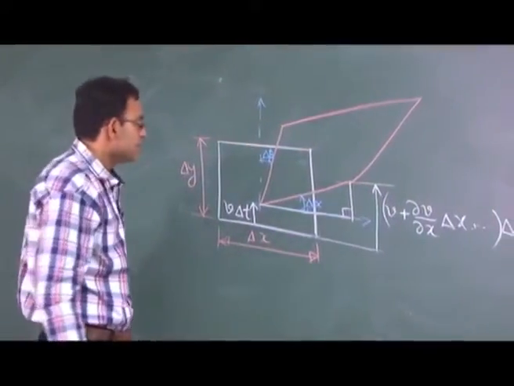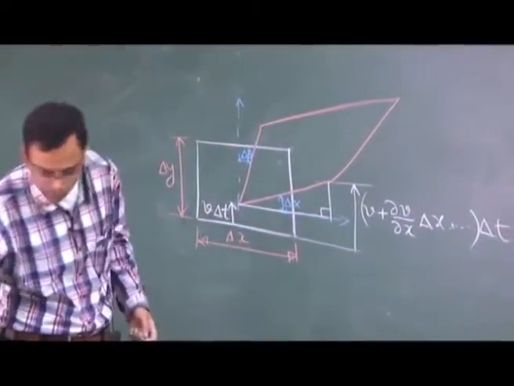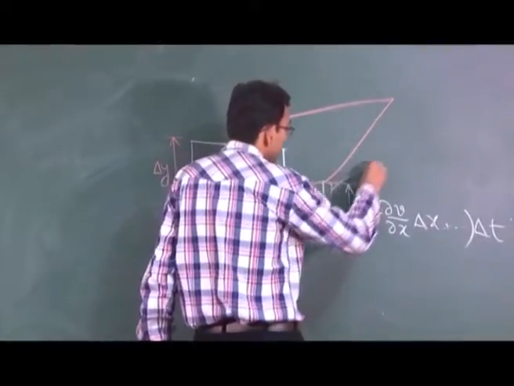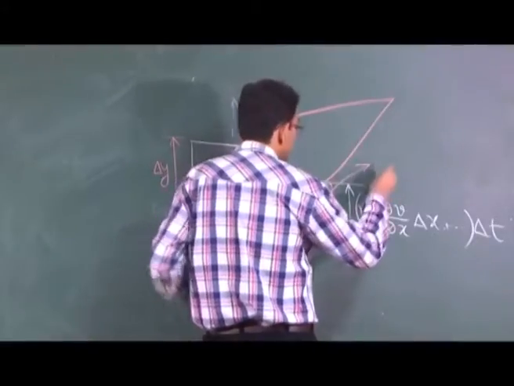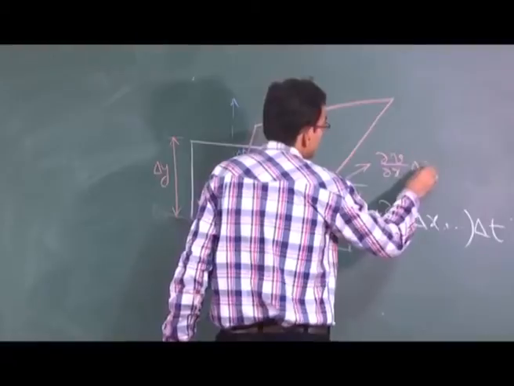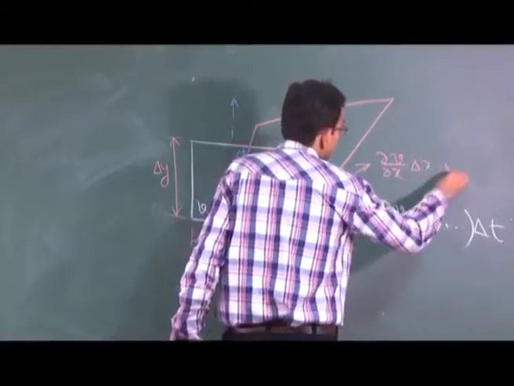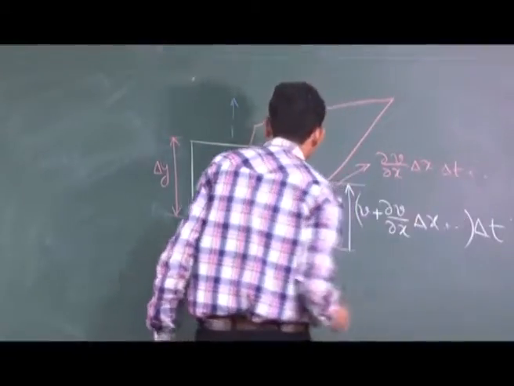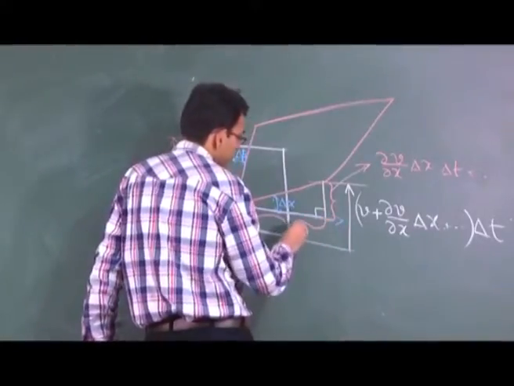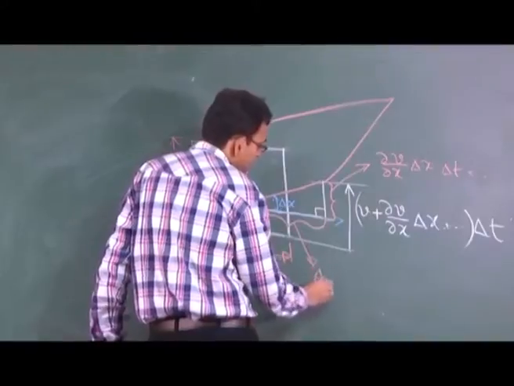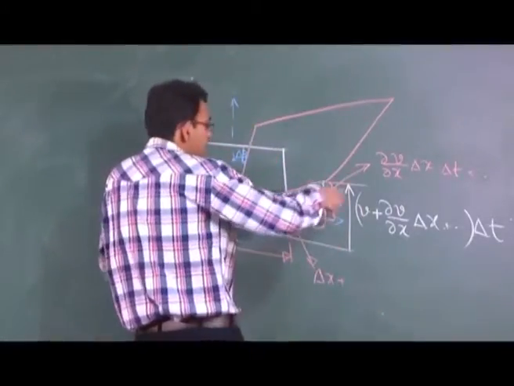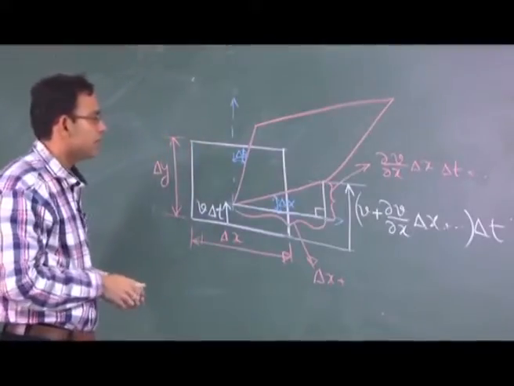So, what is this much? This much is the difference between these two. And what is this much? This is delta x plus higher order terms, delta x plus the change along x.